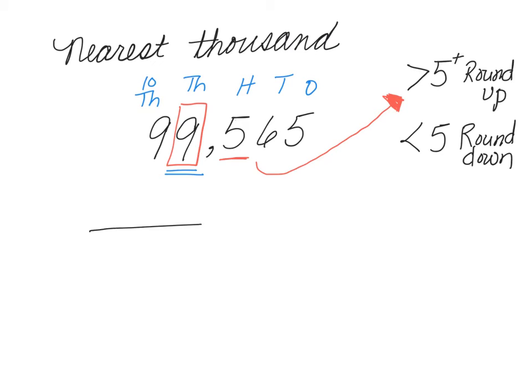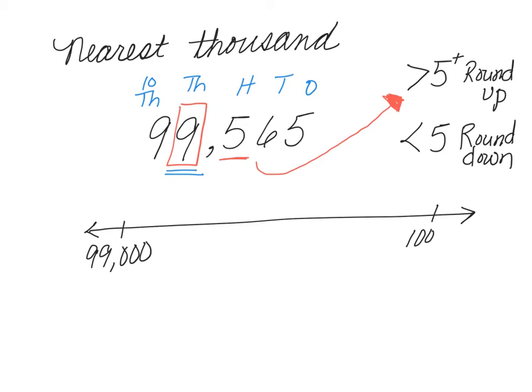So what I'm going to remember is my number line. I know that 99,575 is between 99,000 and, I want you to think about this, what is on the greater end or the higher number that 99,575 is between?